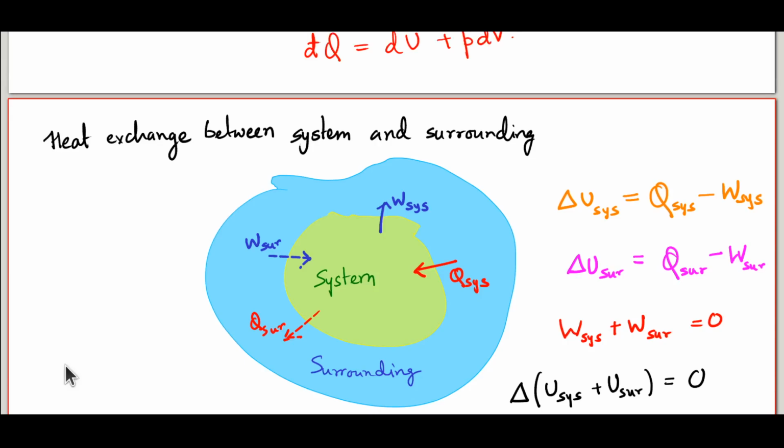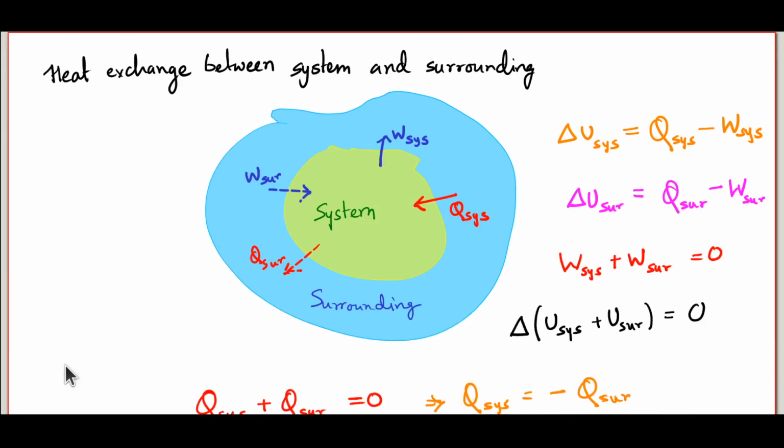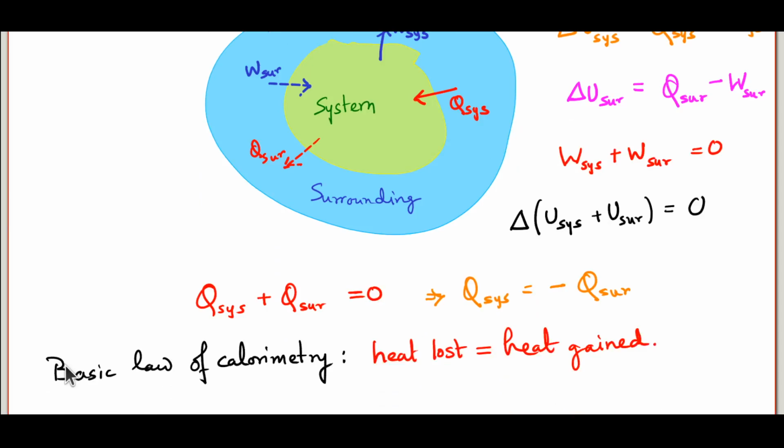Now, the reason why this result is exceedingly useful is basically that very often either the system or its surroundings may be such a system where keeping track of how much heat it is gaining or losing may be rather simple. Something which has a well-defined heat capacity, so to speak.